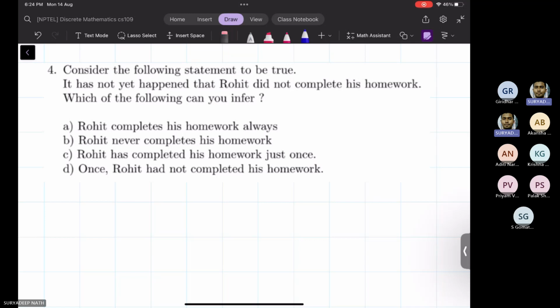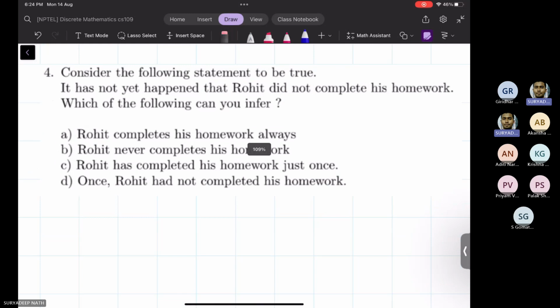C: Rohit has completed his homework just once. D: Once Rohit had not completed his homework. So can anyone tell which of the options is correct from A, B, C, D? Can anyone go ahead and say?